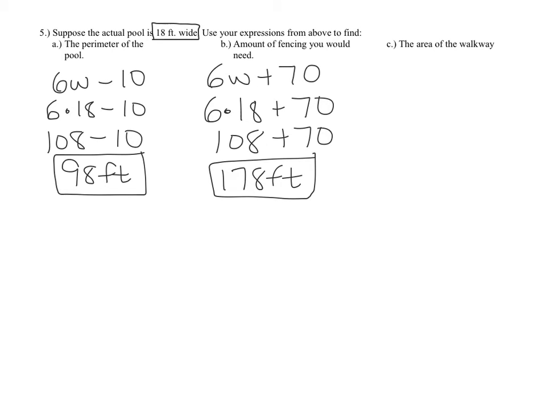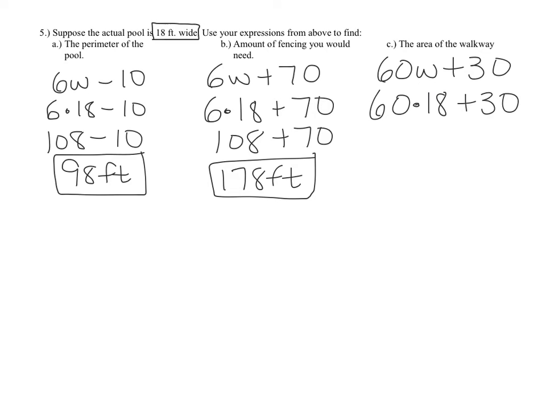Letter C, the area of the walkway. Well, the area of the walkway is what we found in number 4C. The area of the walkway we found was 60w plus 30. So now I'm going to do 60 times 18 plus 30.